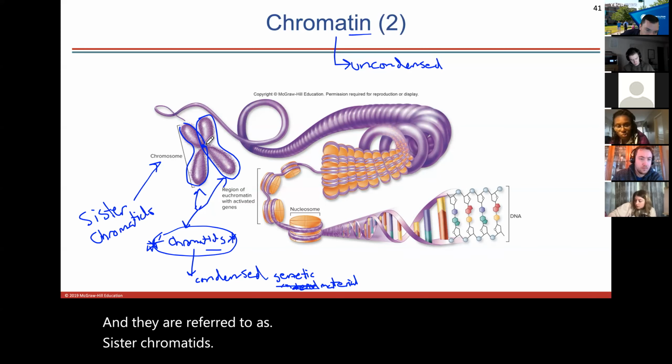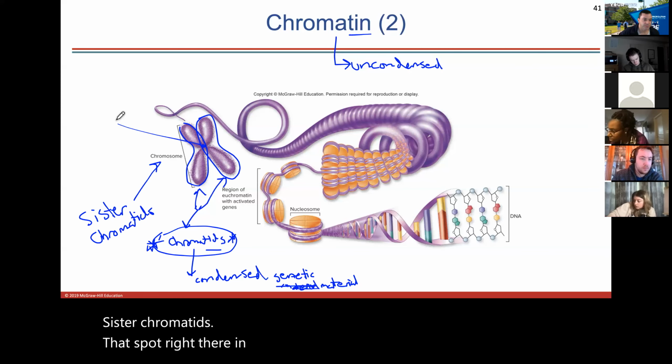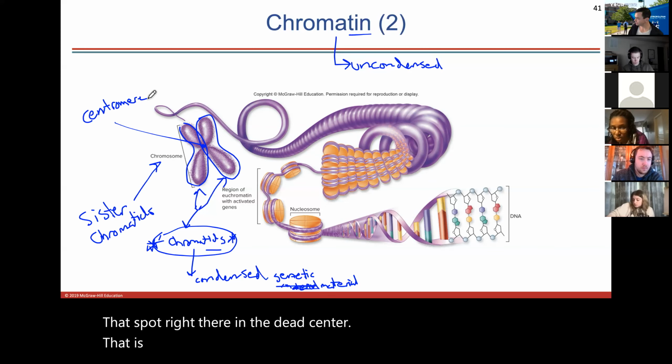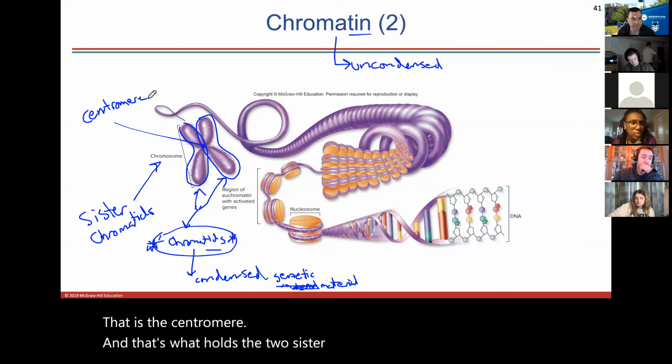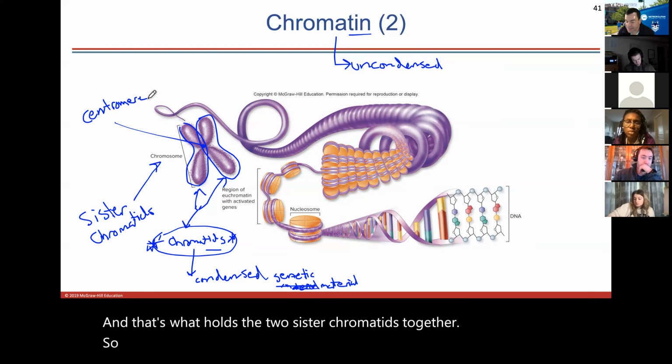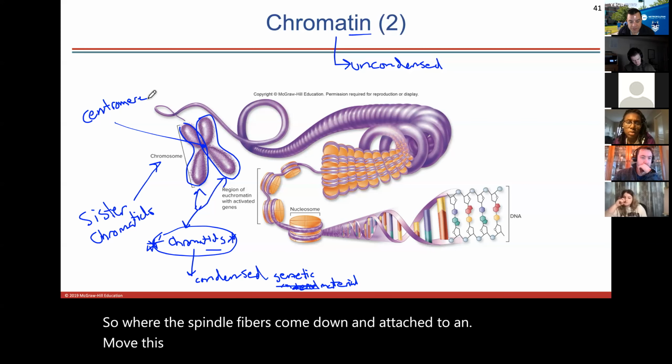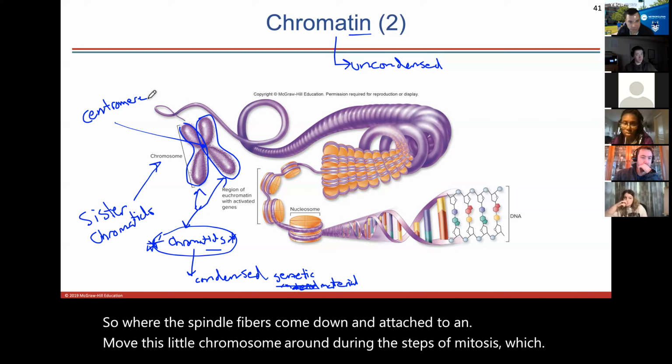That spot right there in the dead center is the centromere, and that's what holds the 2 sister chromatids together. It's where the spindle fibers come down and attach to and move this little chromosome around during the steps of mitosis, which we'll talk about briefly.